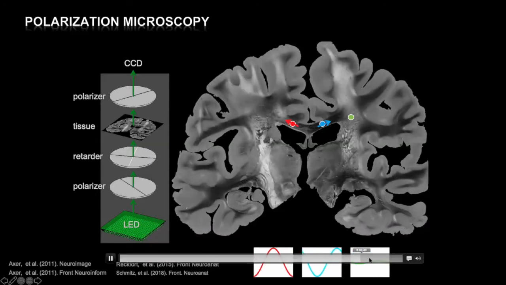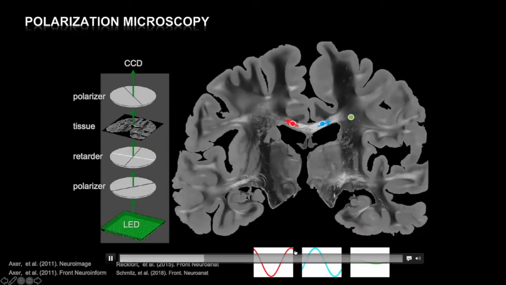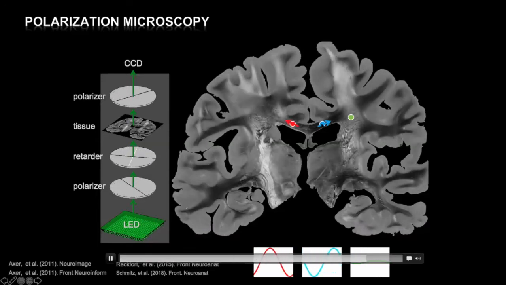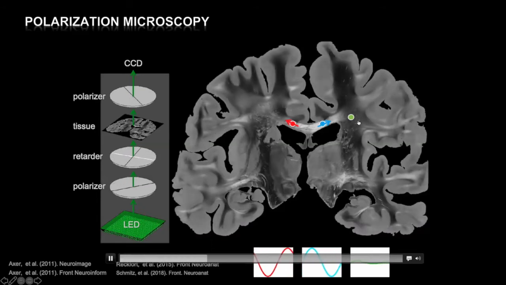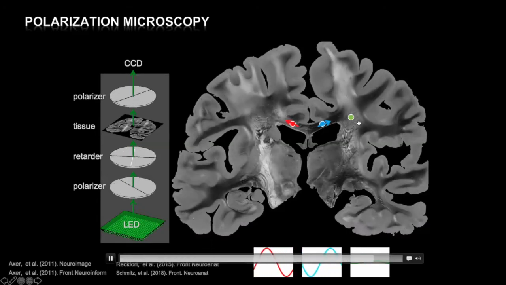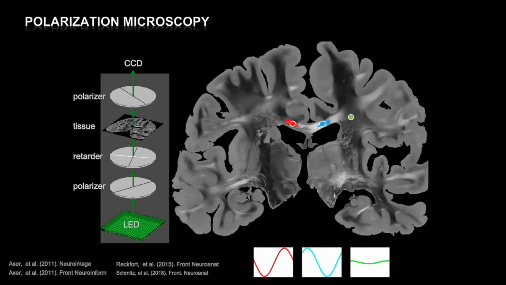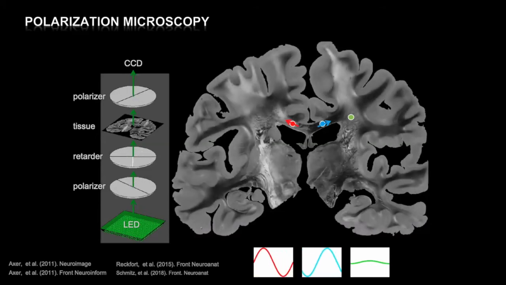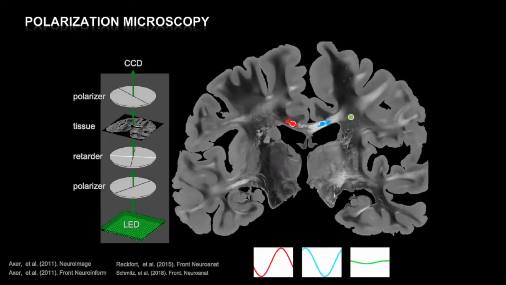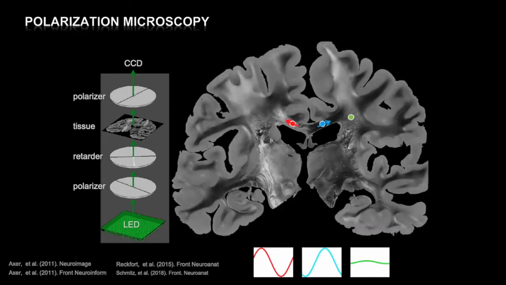And what you can observe is that, independent of where you are in the deep white matter, you tend to see sinusoidal curves. But these curves have different amplitudes and/or phases.